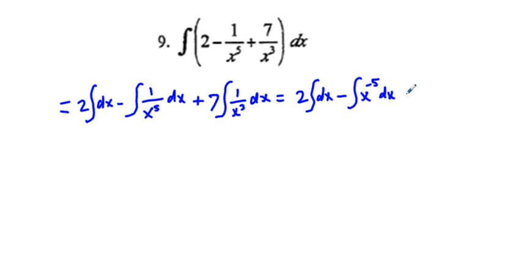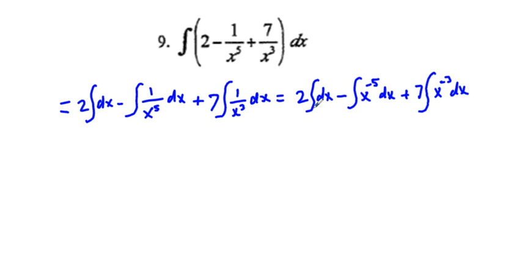And then on this last term, we're going to have 7. This 1 over x cubed is going to be just x to the negative 3 power dx. Okay, we should be ready now to integrate.